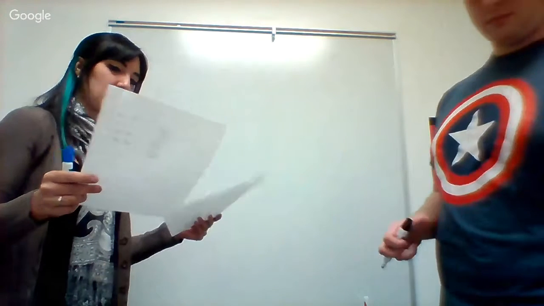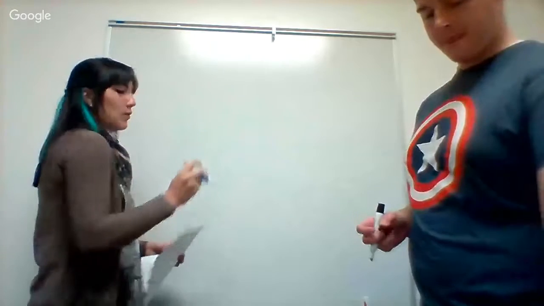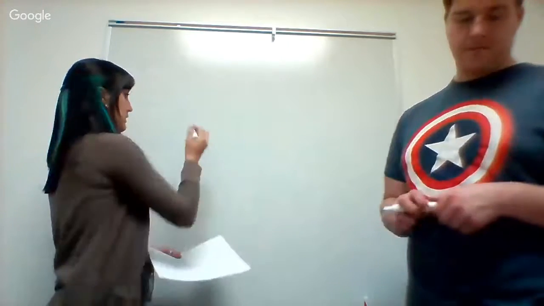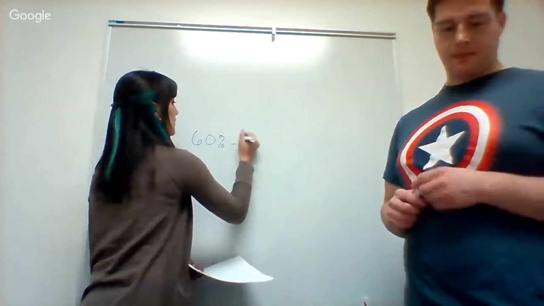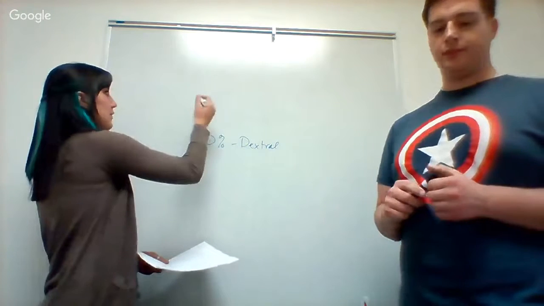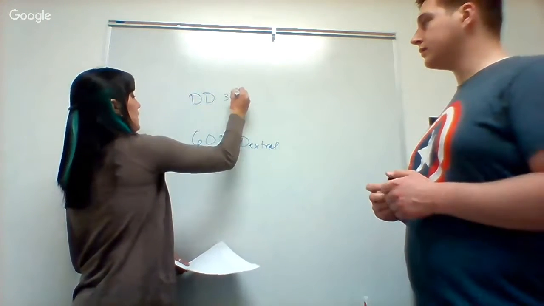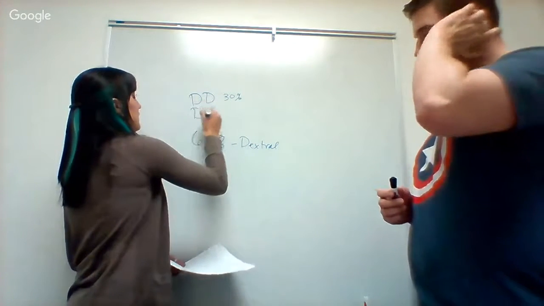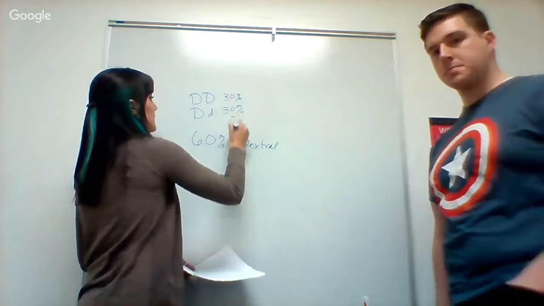So for the stable one, we got 80% of the offspring would have dextral, because in the genotype for the mother, we had DV as 30%, and then capital D, lowercase d as 30%, which would make this.